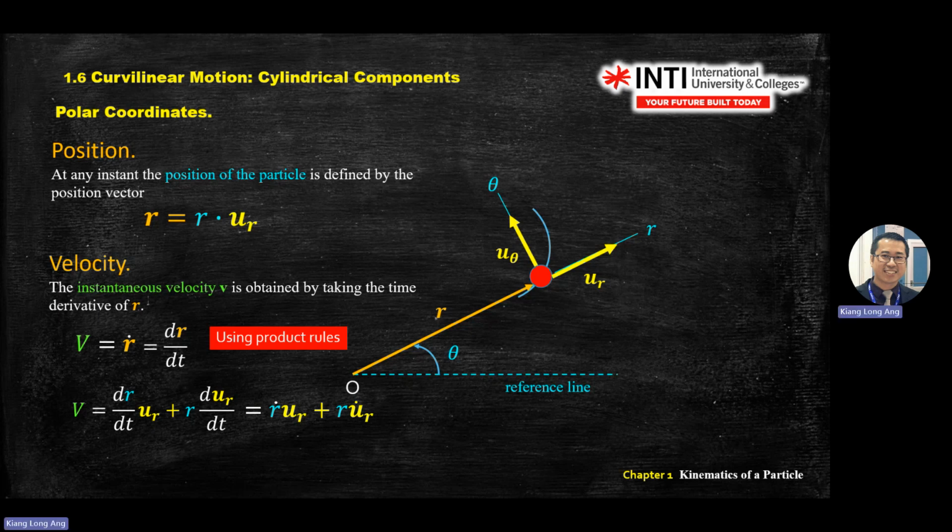As you see on the screen, your V has two directions: R dot UR plus R UR dot.